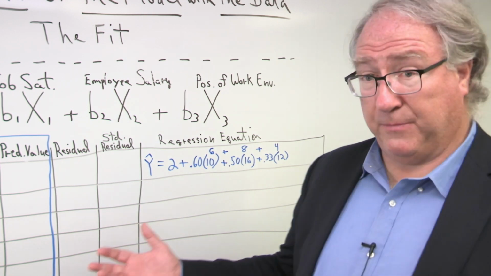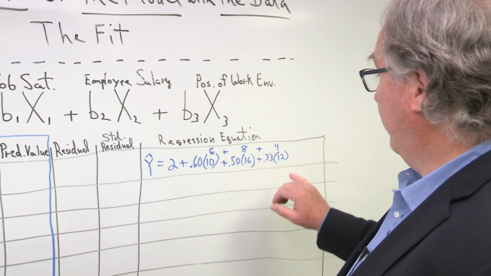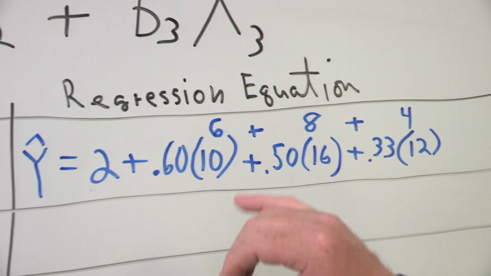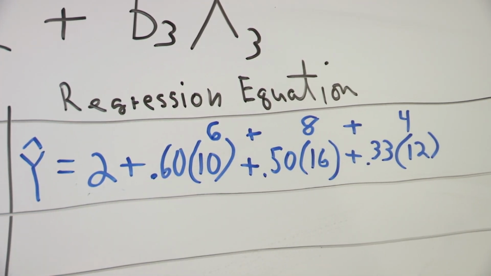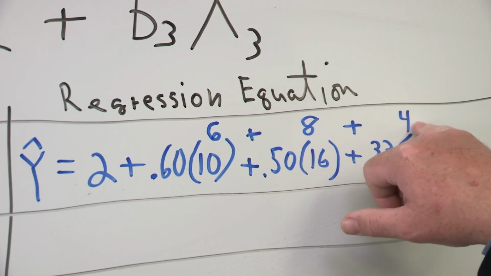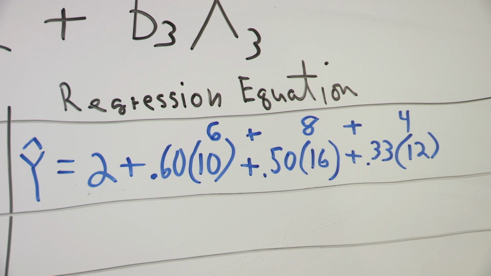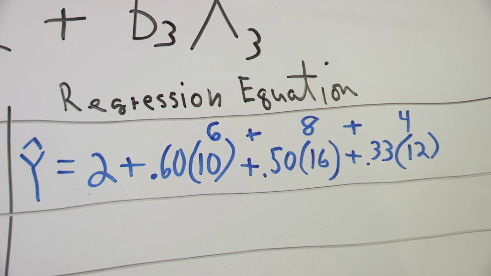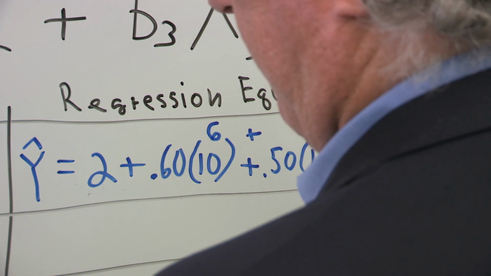Okay, so let's find out what the predicted value is. 2, which is our constant, plus 6 is 8, plus 8 more is 16, and 4 more is 20. So the predicted value on the outcome variable measure for participant number 1 is 20.